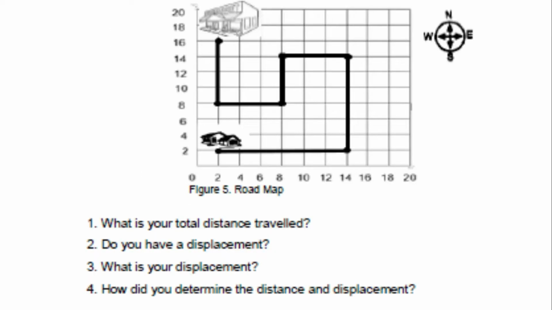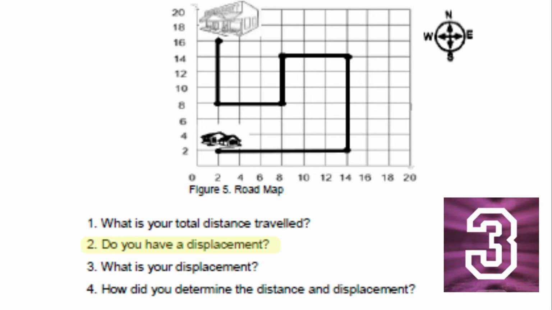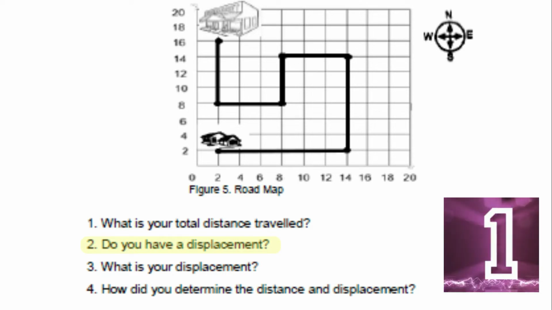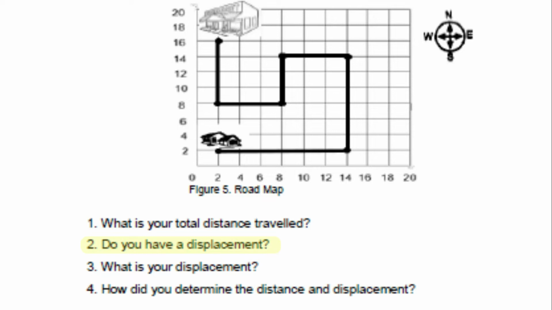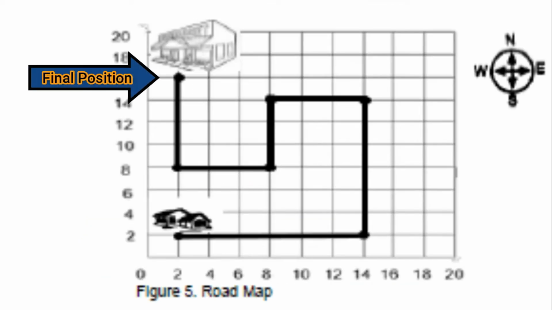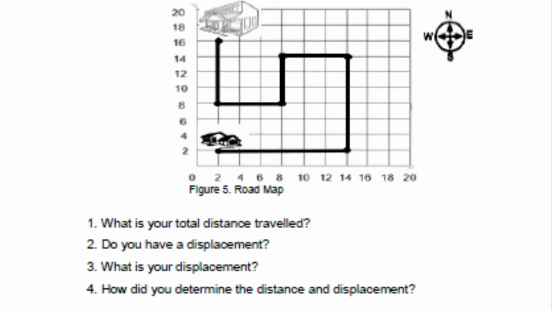Question number 2. Do you have a displacement? If you answered yes, well, you're correct, because the final position is different from the initial position. Question number 3. What is your displacement?